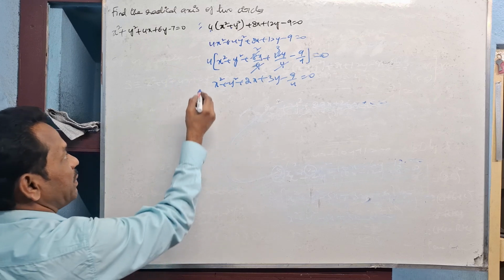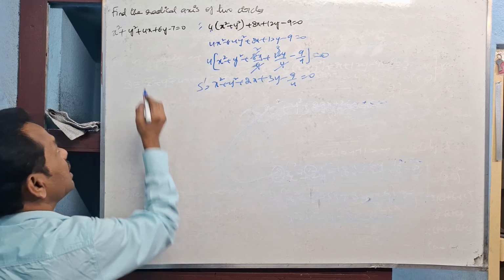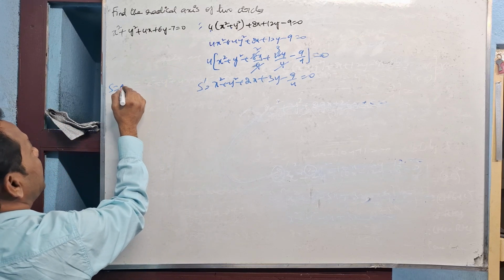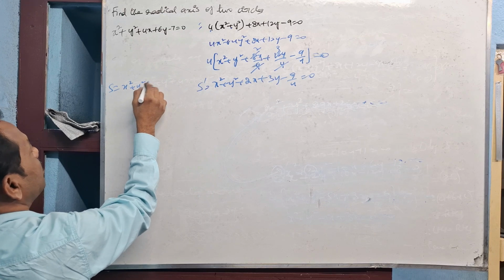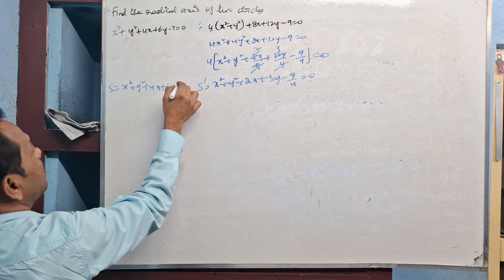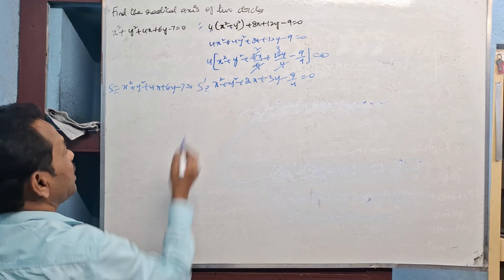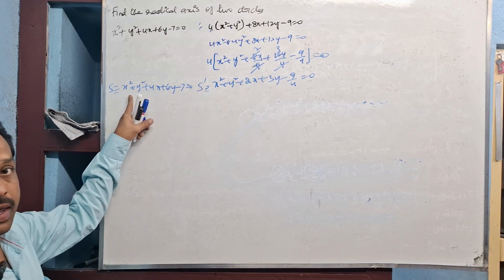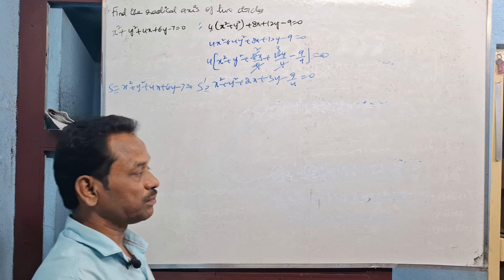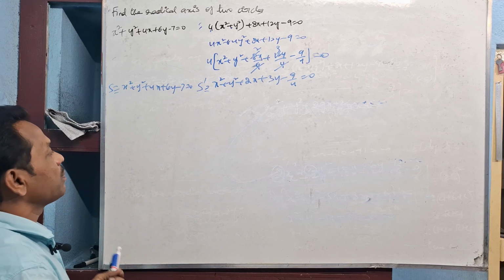Okay, now let me take this as circle s dash, and s equal to x square plus y square plus 4x plus 6y minus 7 equals 0. So my first circle is s and the second circle is s dash. Now we need the radical axis.